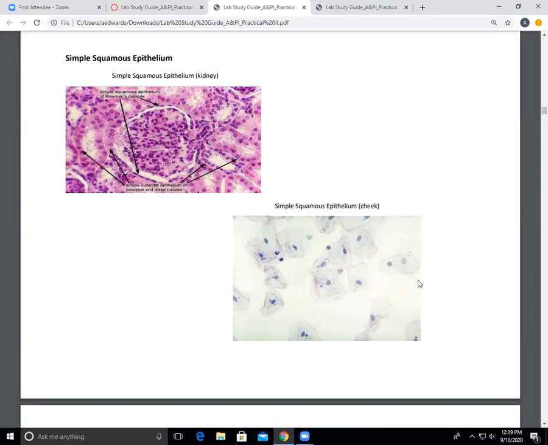Here's another view of simple squamous epithelium. This one is looking at it from the fried egg view, from above, essentially. This is also simple squamous. So just know you could see it either way. One slide could look like this, another slide could look like that.